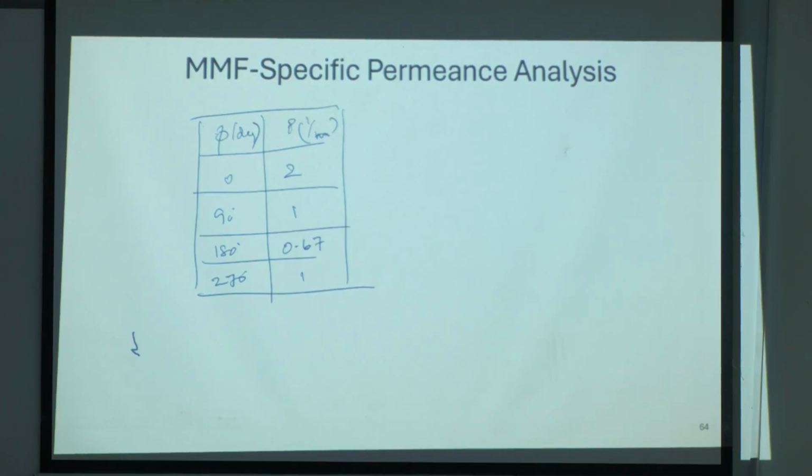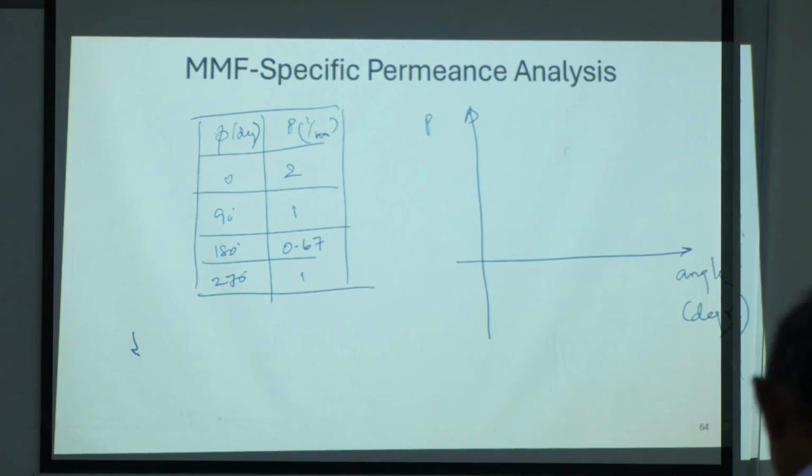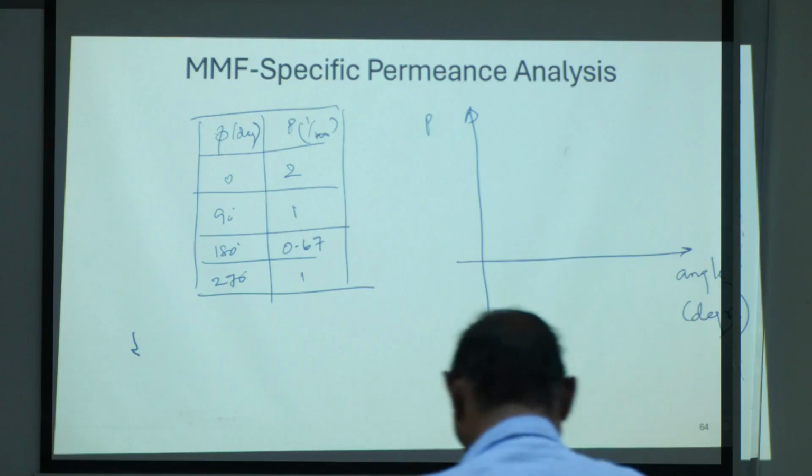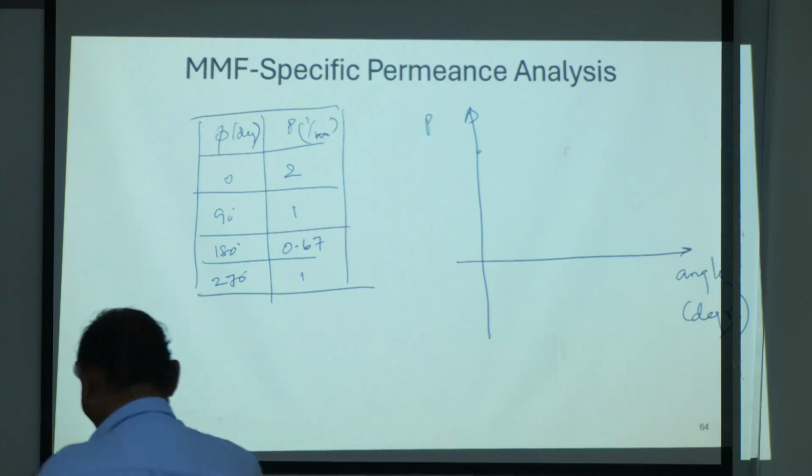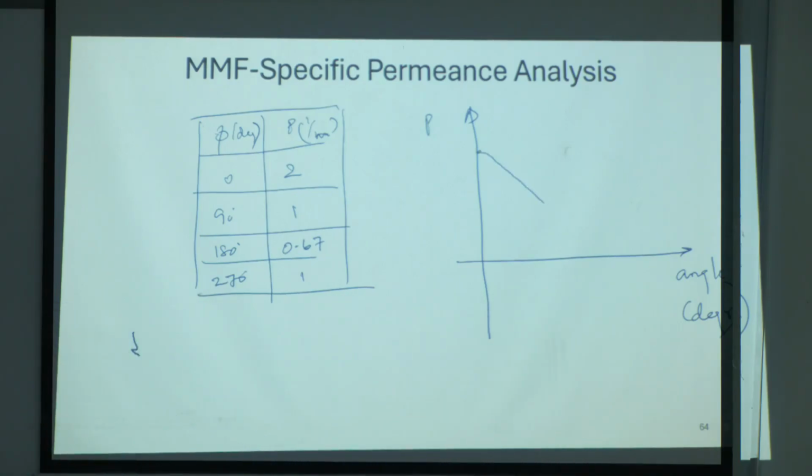So what I am going to do is plot this function, angle in degrees versus permeance. So it starts at 2 and goes down to 1.